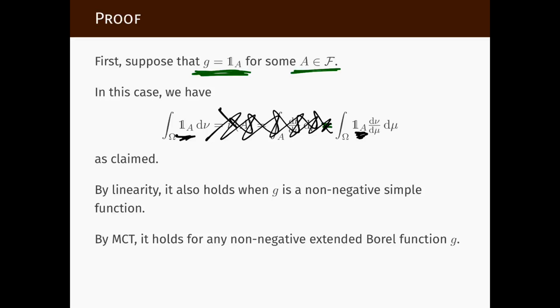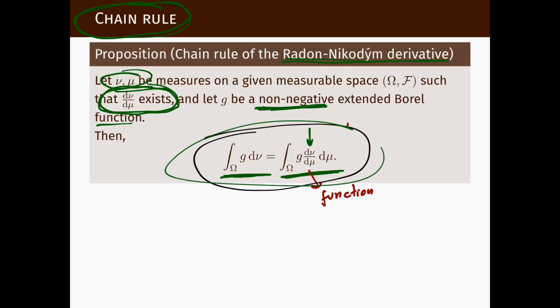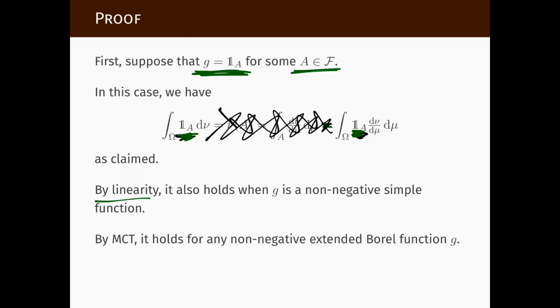But now, as usual, following the pattern that we have followed already quite a few times in the previous unit, since the integral is linear, meaning adding two functions here and here will give us the result to add up, and multiplying by constants also. So by linearity, this property, what property? This property here, it will hold when g is any non-negative simple function.